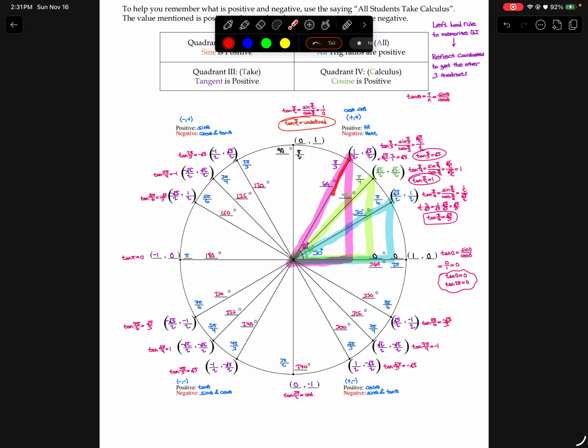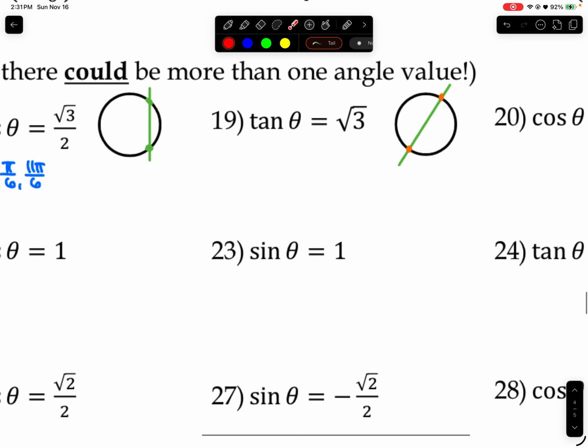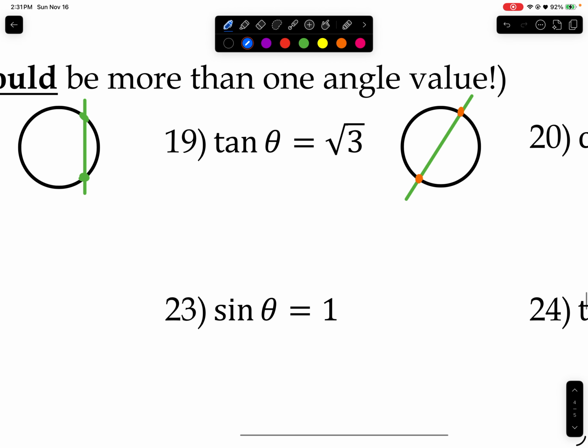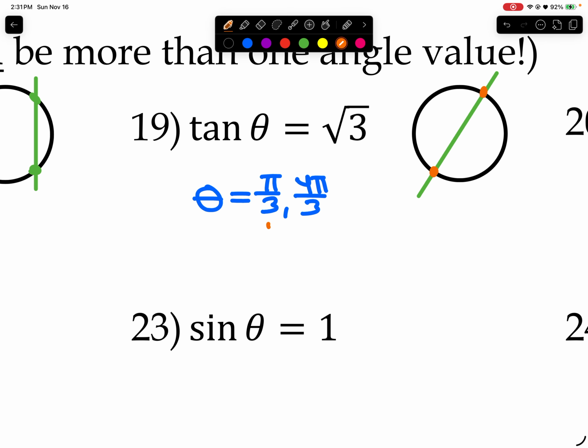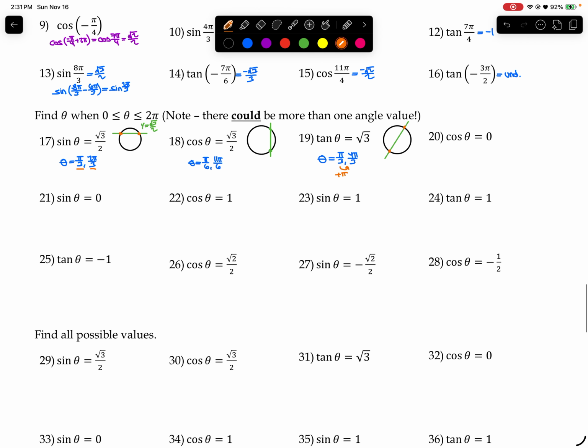So the tangent values are going to be diagonal from each other. So you're going to look across the spoke. So this is going to happen at pi over 3 and 4 pi over 3. Now, one thing to notice, which I'm going to get into later, notice how these values are pi radians apart. And that's for tangent. So we're going to get into that later.